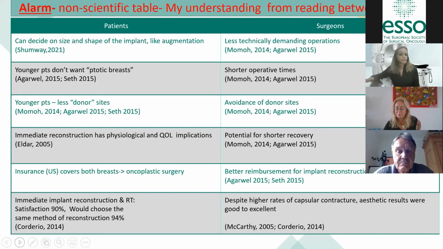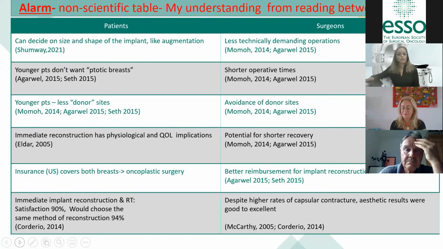The insurance, at least in the US, covers both breasts, even for a unilateral disease. And overall, we have some reports indicating that even with implant-based reconstruction and radiation, some of the patients are quite satisfied and would even choose the same method of reconstruction.